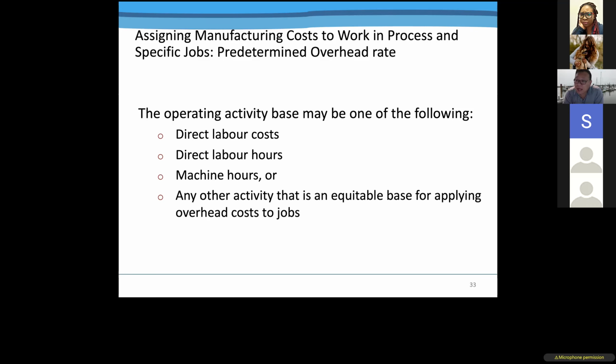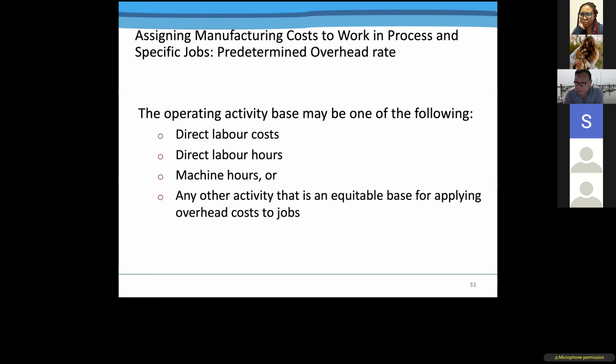We are dealing with product cost. Direct labor hours, direct material, direct labor cost, machine hours, these are all production activities. Manufacturing overhead is a product cost, so it has to be driven by a production activity.